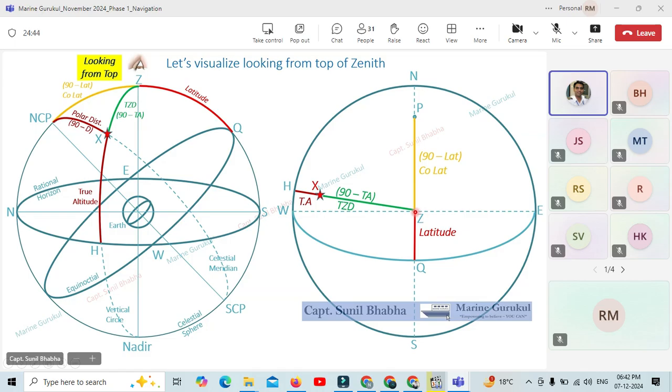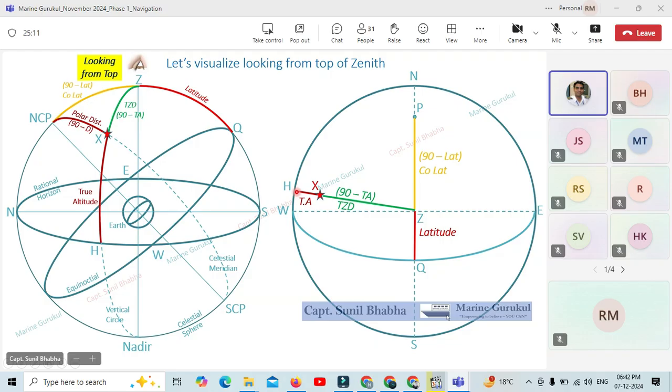So this indirectly tells us that the radius of this particular diagram is 90 degrees. That means from Z, if you go to the rational horizon in any direction, it will be a 90-degree arc. So from Z, if you move towards H, Z to H is a total of 90 degrees.